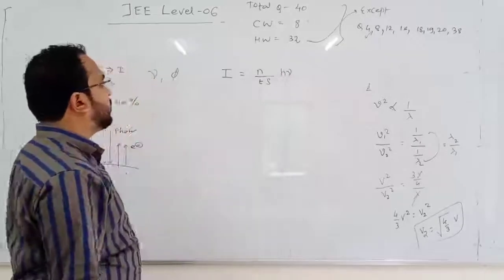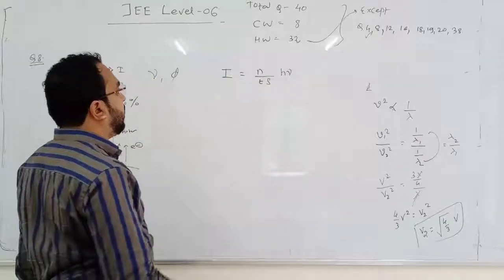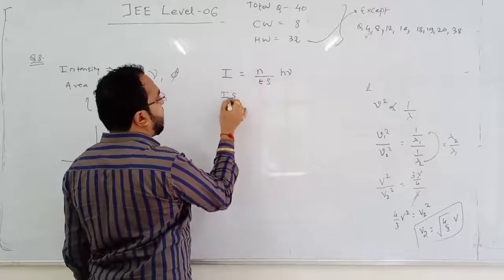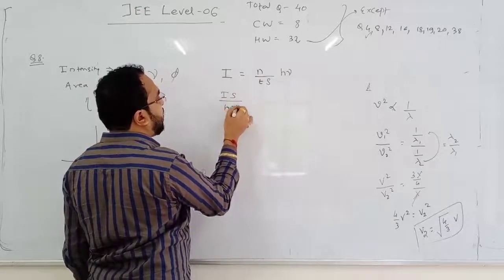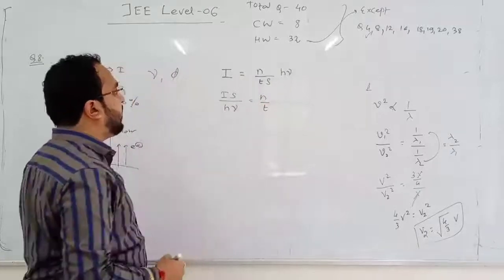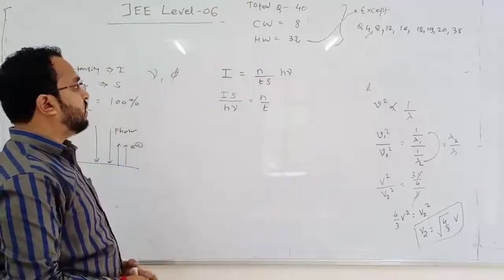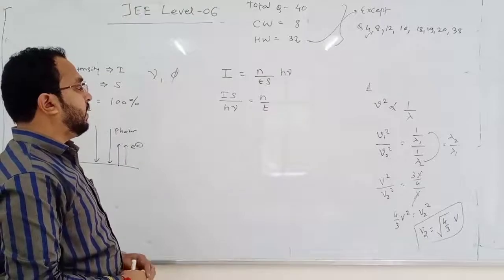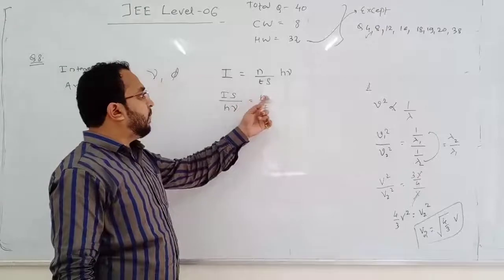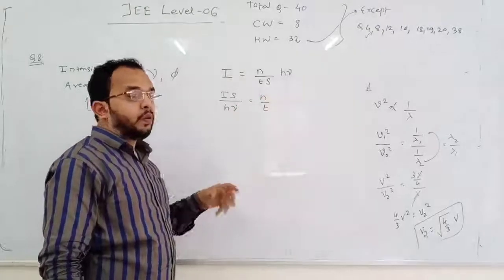From here what we can conclude, S इकडे येणार h mu इकडे येणार. So I S upon h mu is equal to number of photons per unit time. This is the number of photons per unit time. Now what do we need?